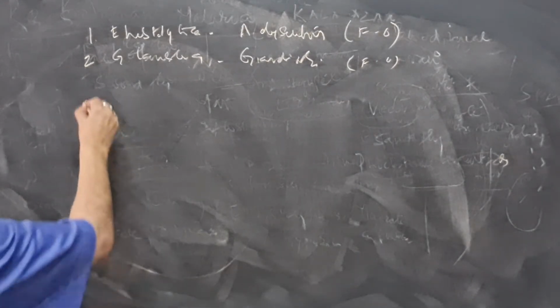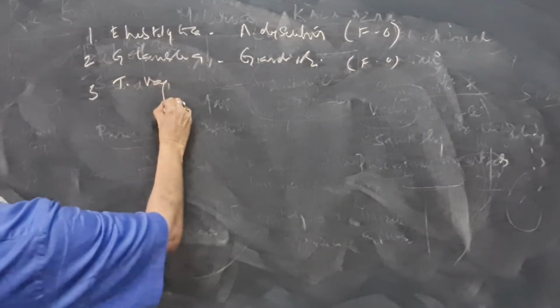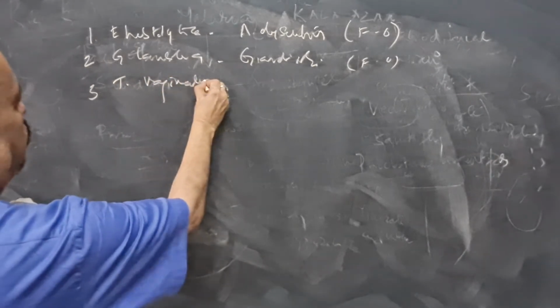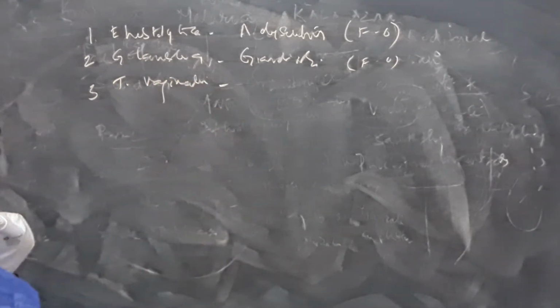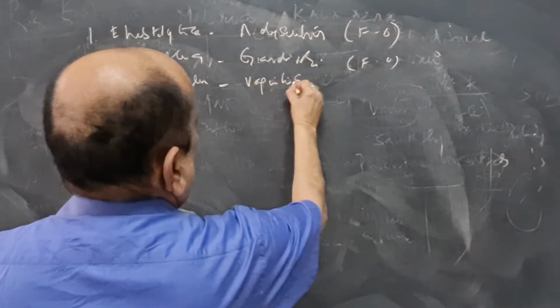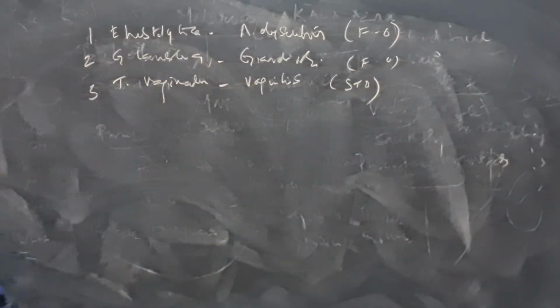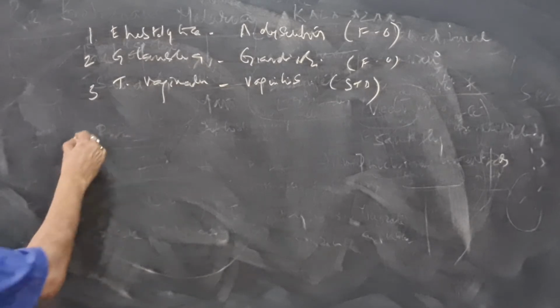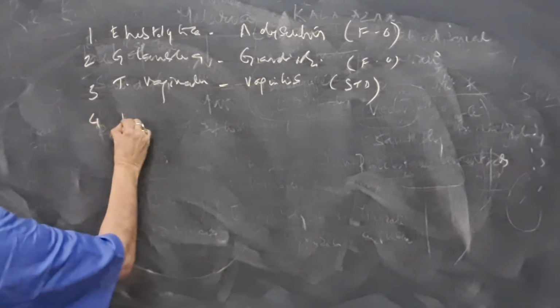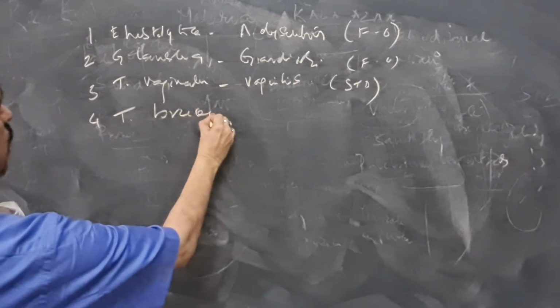The third one is Trichomonas vaginalis. It gives rise to vaginitis. It is an STD, a sexually transmitted disease. The fourth one is Trypanosoma brucei.